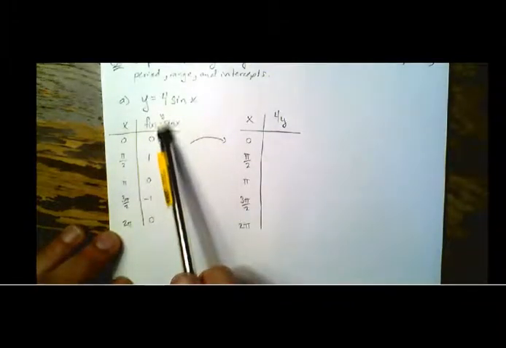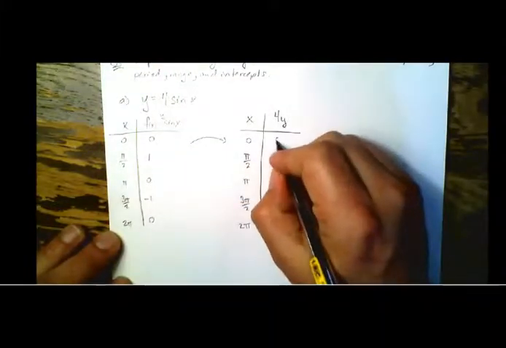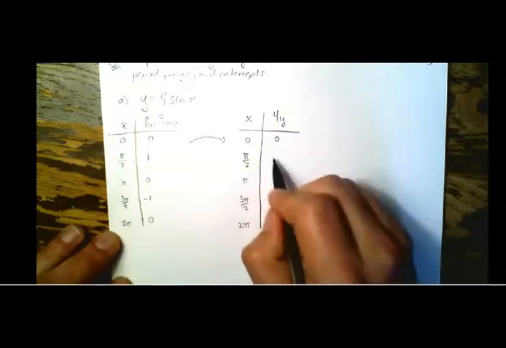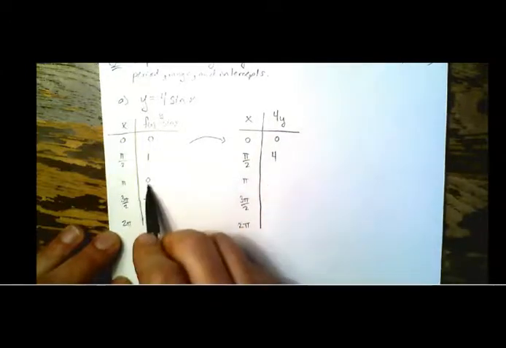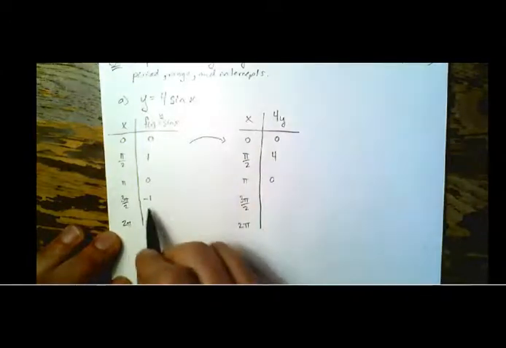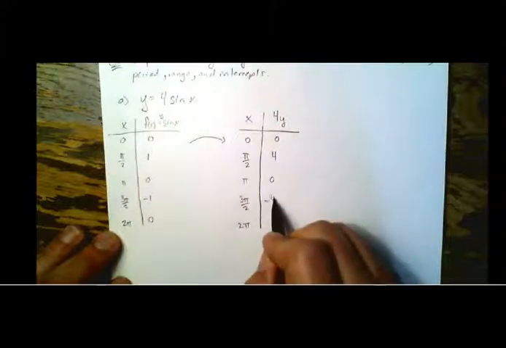But then that 4 is going to multiply all of those y coordinates by 4. So 0 times 4 is 0, 4 times 1 is 4, 4 times 0 is 0, -1 times 4 is -4, and then 0.